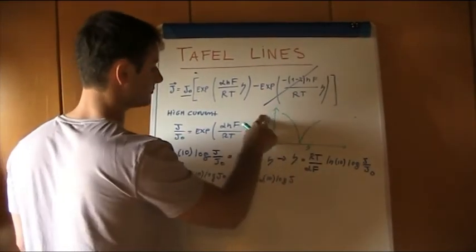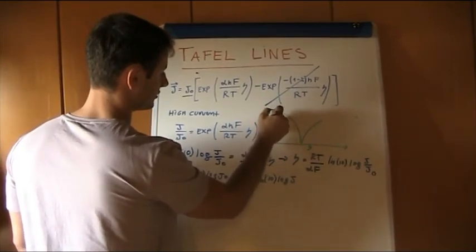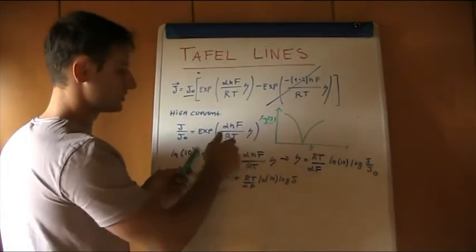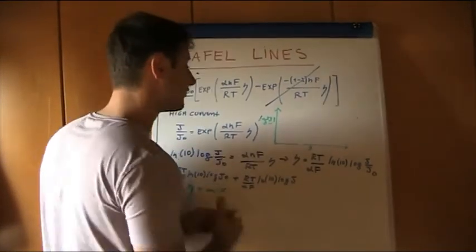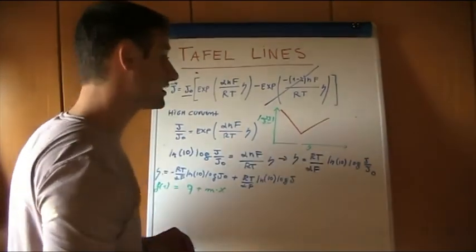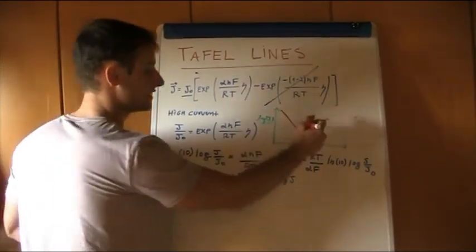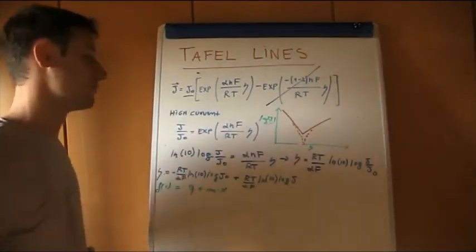Of the logarithm of the current. And so now this plot became composed of lines in this way. It's clear that we are eliminating this part that was previously present in the Butler-Volmer.